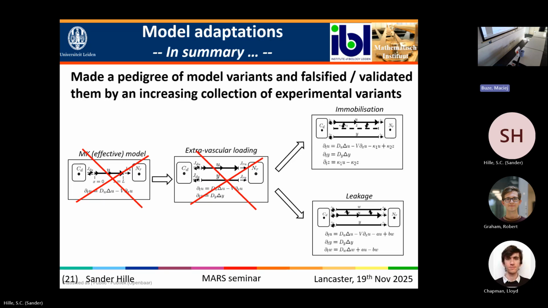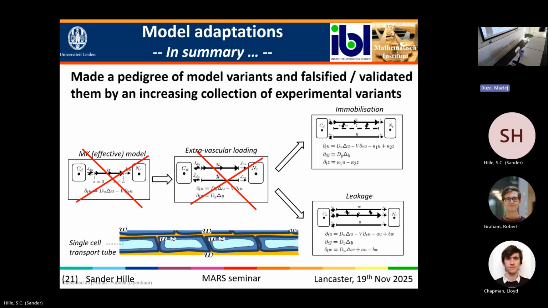So we had a version with a distributed ODE in there, where oxygen gets fixed. Another alternative is that it may also leak out of the system, leaking from the transport file to the neighboring cells. The U is the central component, the Z is the immobilization, and the W is what leaks out.